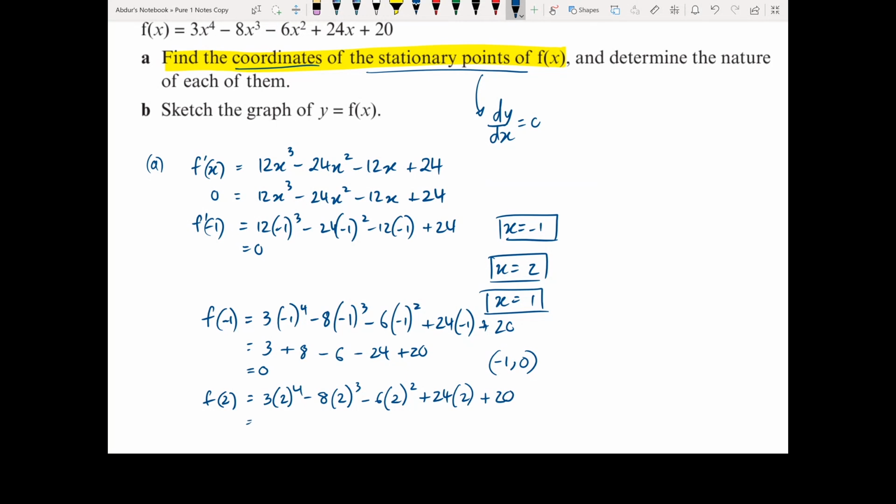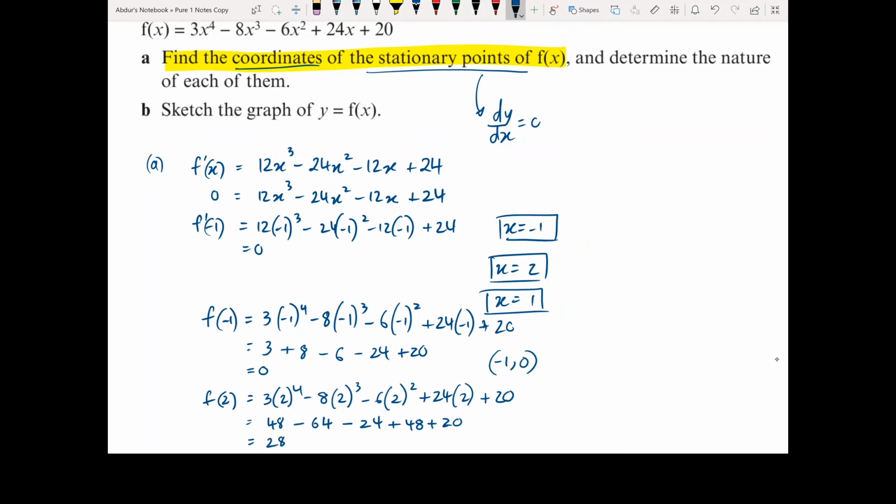This gives us 16 times 3, which is 48, and then minus 64, and then minus 24 plus 48 plus 20, which gives us 28.